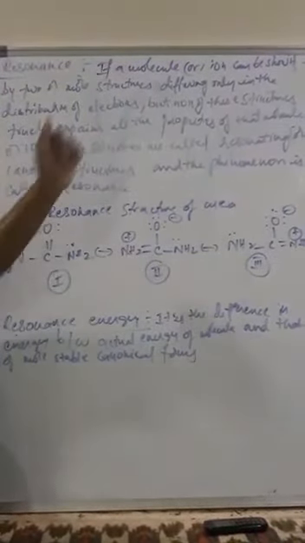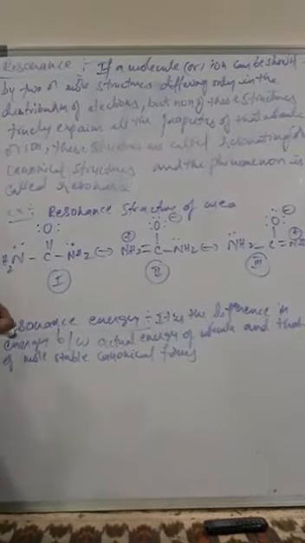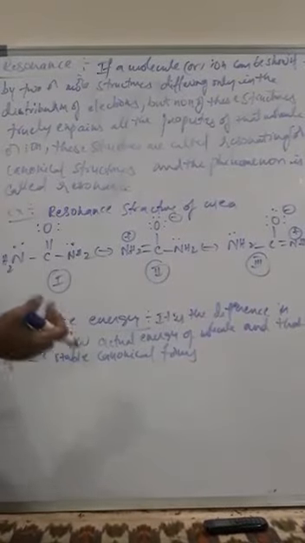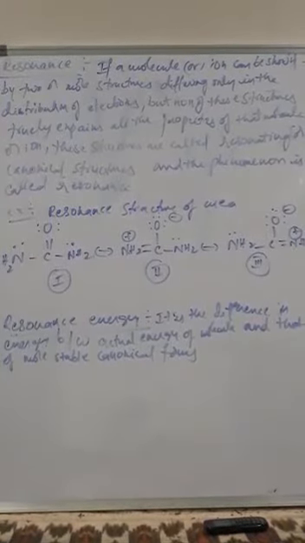A molecule or ion that may be represented with two or more structures differing only in the distribution of electrons, meaning the position of the bonds, but none of these structures truly explains all the properties of that molecule or ion.